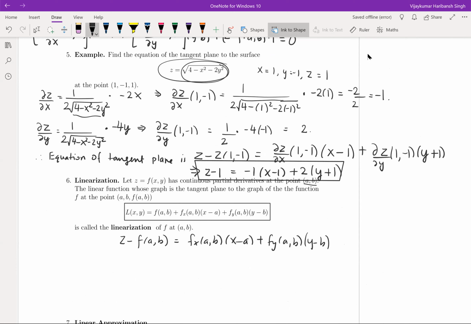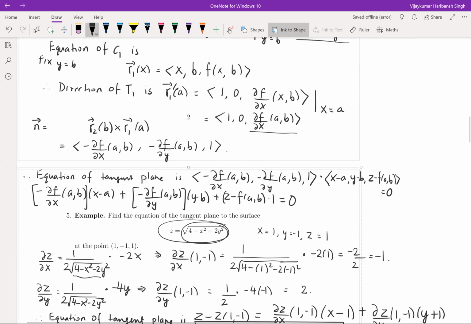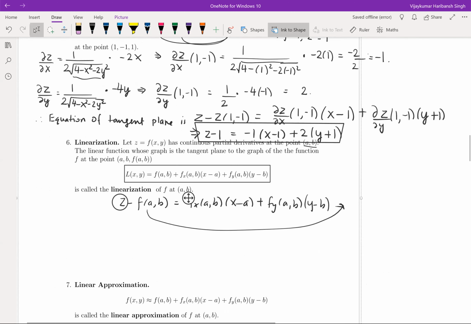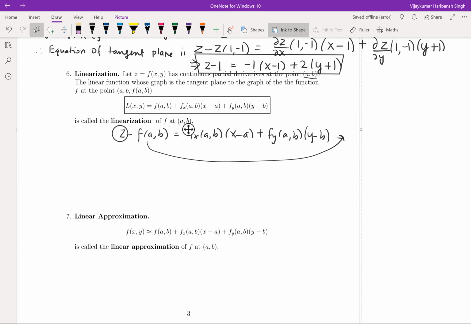And then you bring this term to the other side, so this z represents the z coordinates of the points on the tangent plane, right? You're no longer on the surface. So this is called the linearization function. And if you use this linearization function, you get what is called a linear approximation.